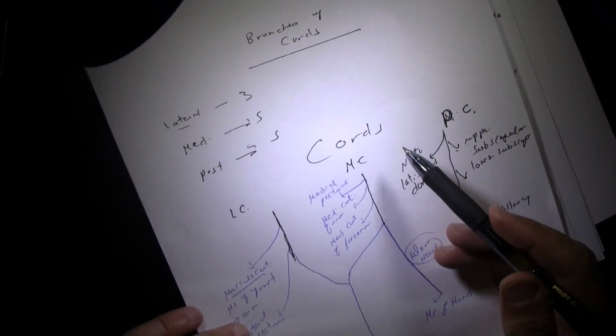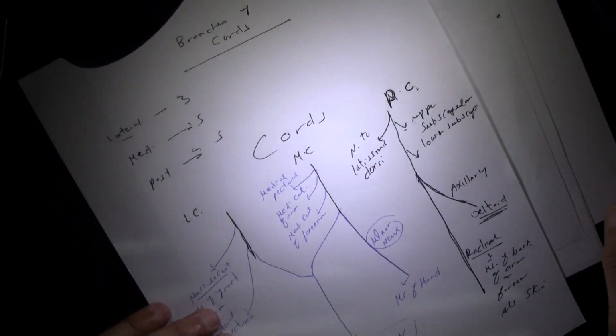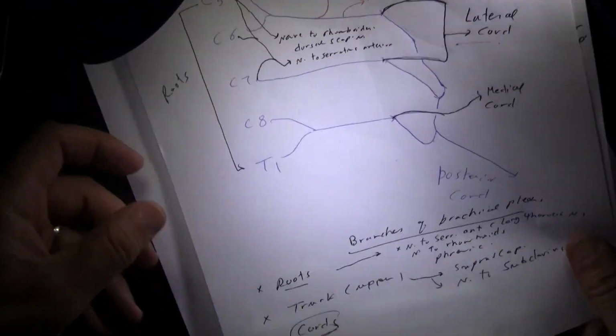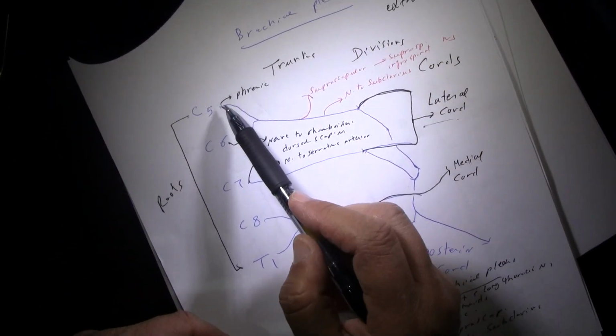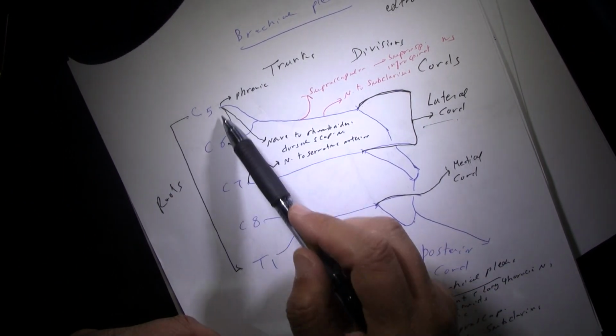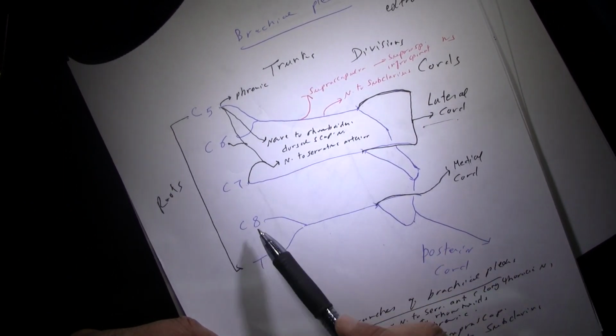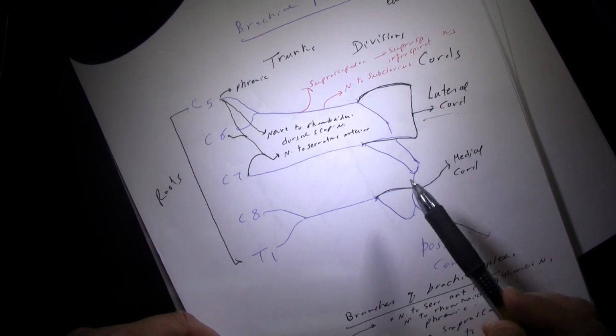So again, quick review for brachial plexus. Brachial plexus is going to be formed by roots of spinal nerves from C5 down to T1. You have upper trunk by C5 and C6, middle trunk C7, lower trunk C8 and T1.